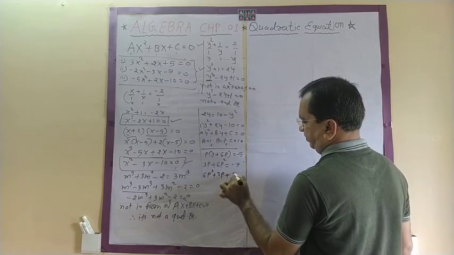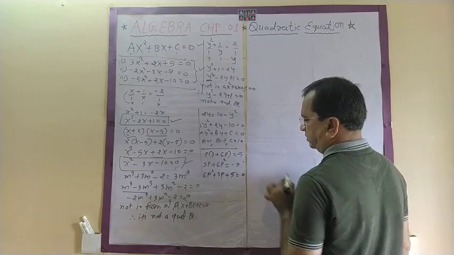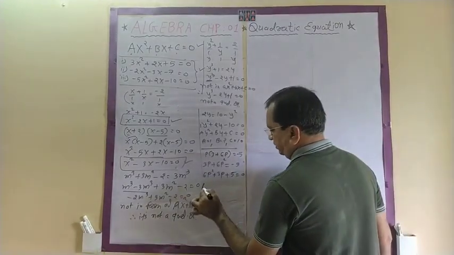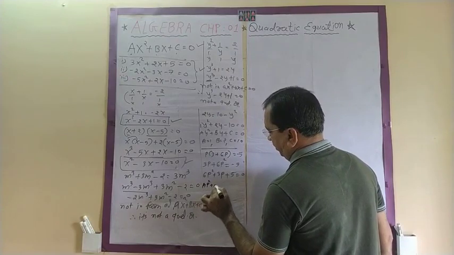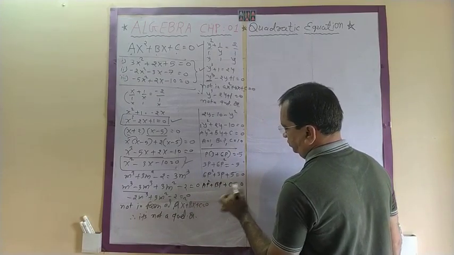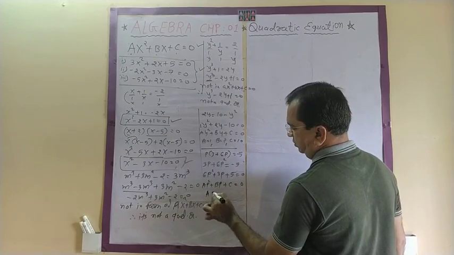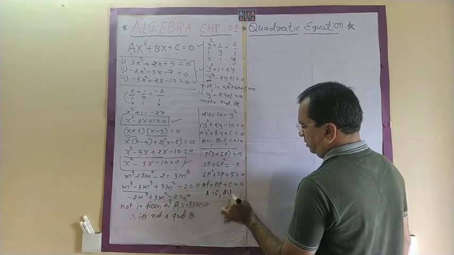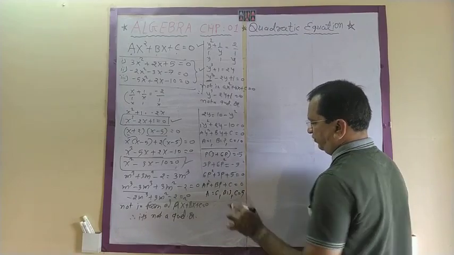This comes this side, so plus 5. It is in the form of p, not in x, so ap square plus bp plus c is equal to 0. Compare: a is equal to 6, b is equal to 3, c is equal to 5.